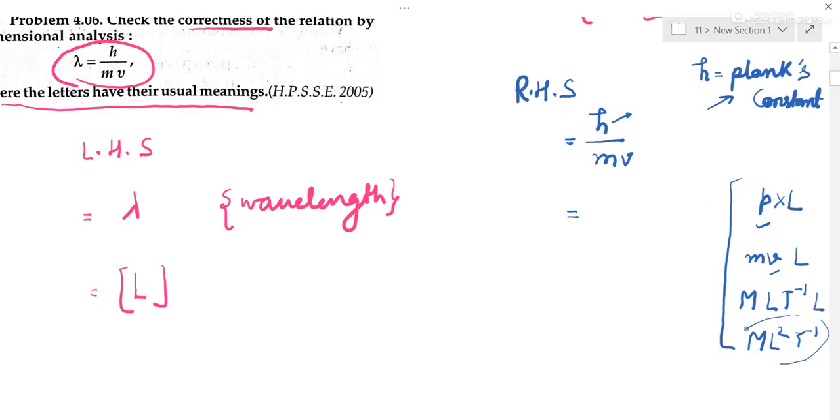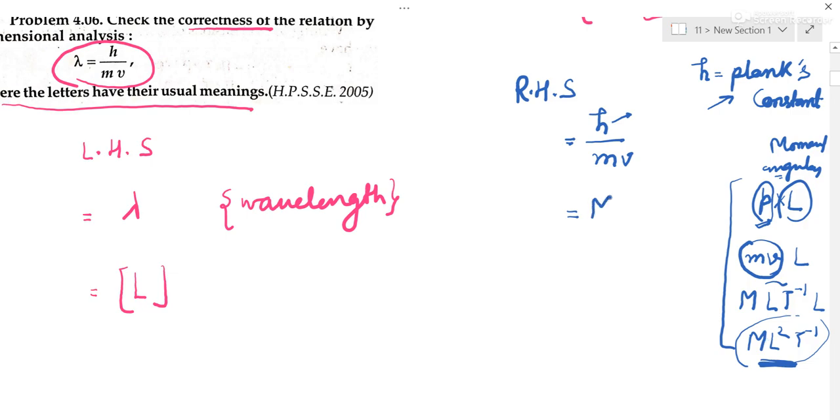This is angular momentum. Angular momentum is linear momentum into distance. Linear momentum is mass into velocity. Velocity is Lt minus 1. So if you have already memorized, you can substitute here.